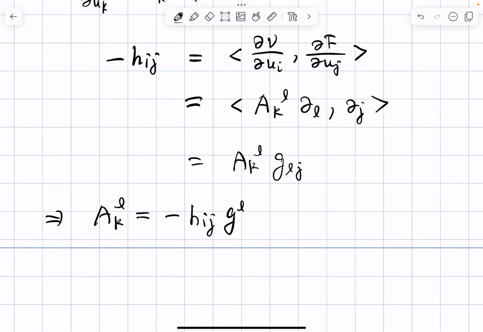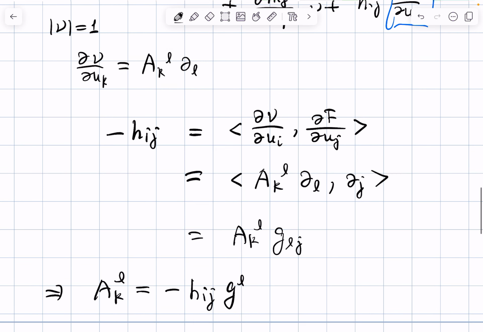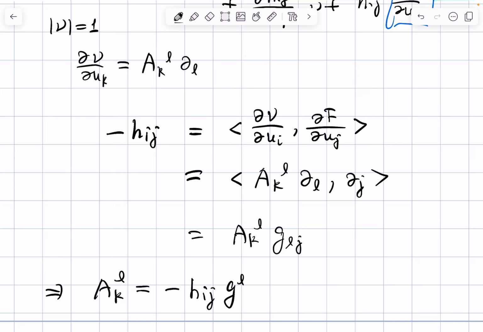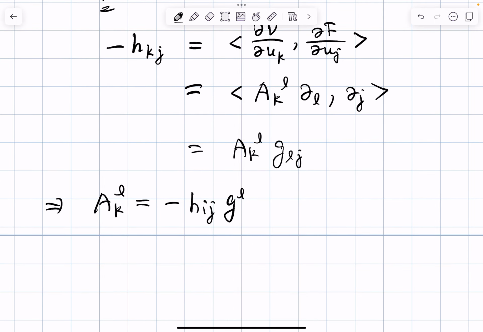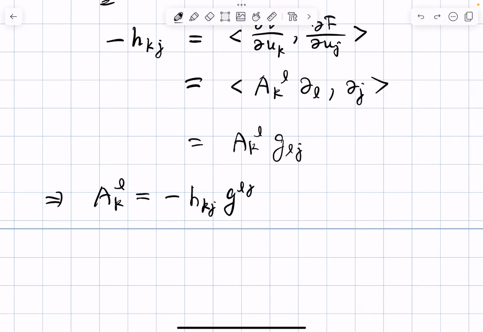Am I doing right? Wait. This is actually okay, but let me fix it because this expression is for k to be here. So let's do a k here, and this is actually h_kj, and then g^lj. Now j is the dummy variable. Okay, good.